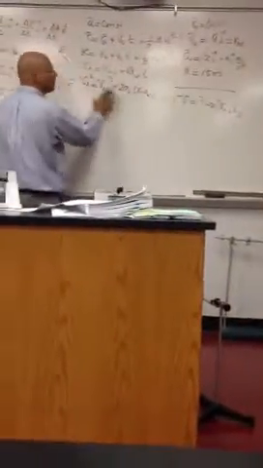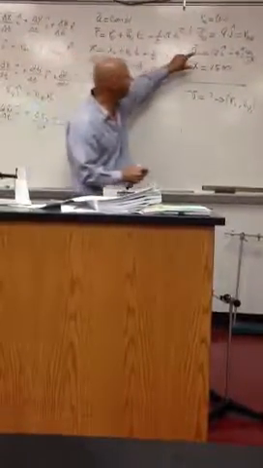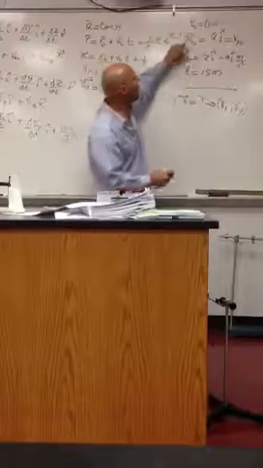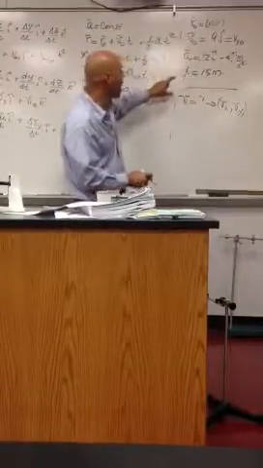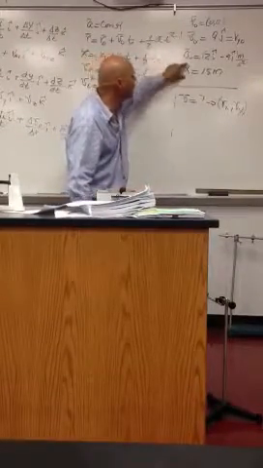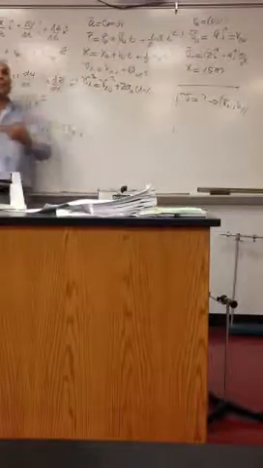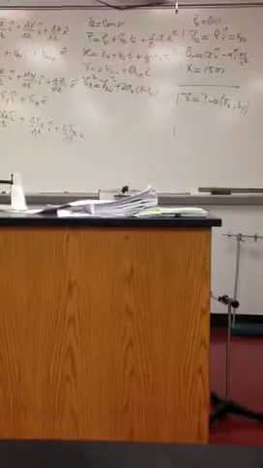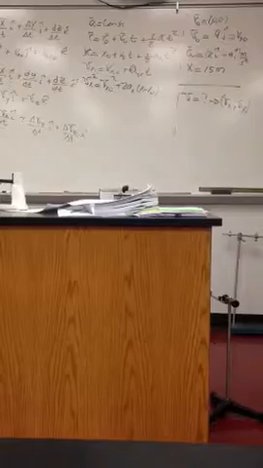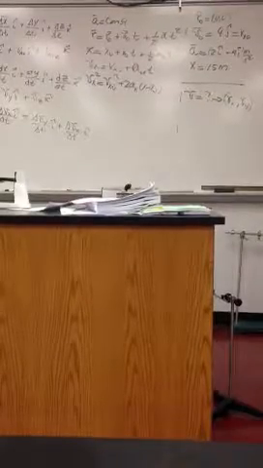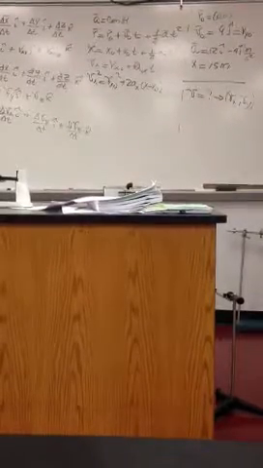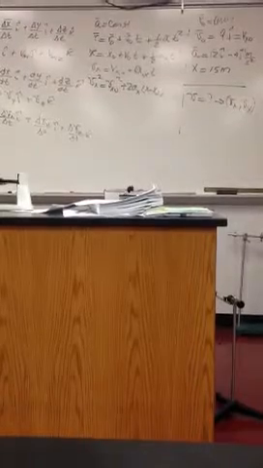These are the 3. Since we have x, we have V initial, and we have x, what is the best equation to work with? The last one, the one that is independent of time. This is if you want to go straight forward.